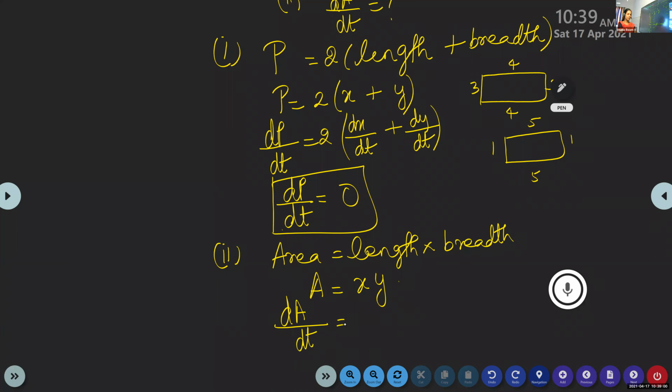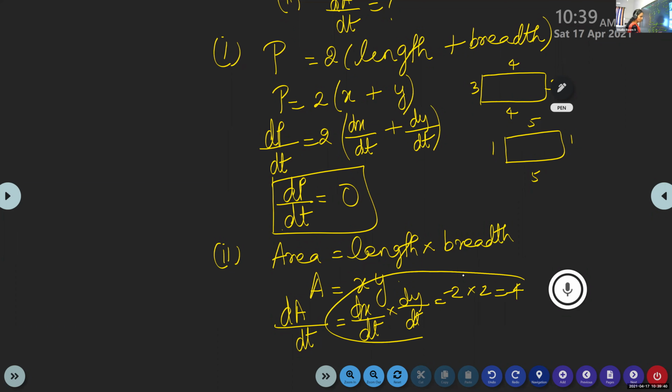Yes, Aishwarya, tell me, how are you getting that minus 4? She substituted dx by dt into dy by dt, the value minus 2 into 2, so it is minus 4. And I said this is wrong. Why?